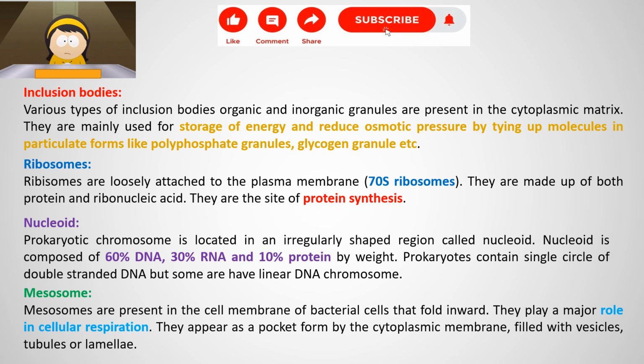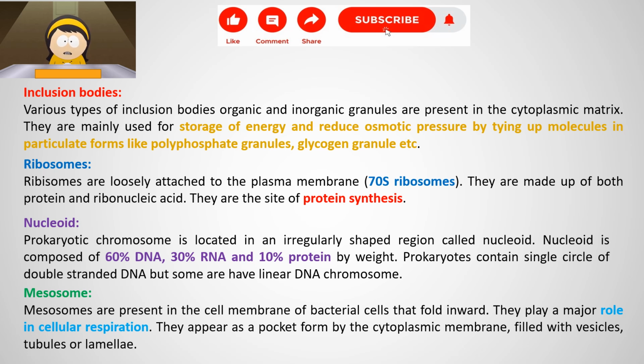Nucleoid. Prokaryotic chromosome is located in an irregularly shaped region called nucleoid. Nucleoid is composed of 60% DNA, 30% RNA and 10% protein by weight. Prokaryotes contain single circle of double-stranded DNA, but some have linear DNA chromosome.